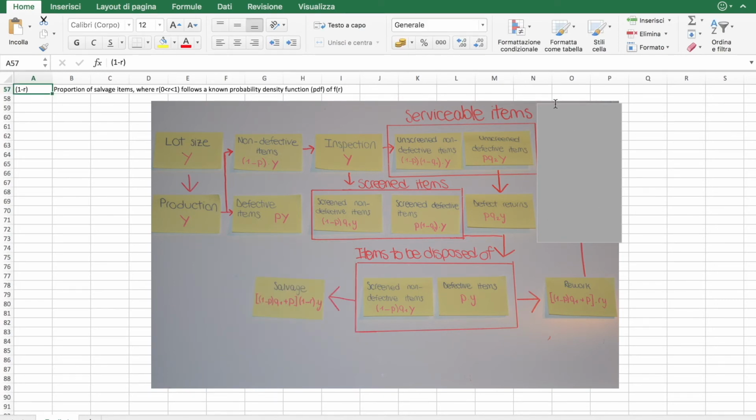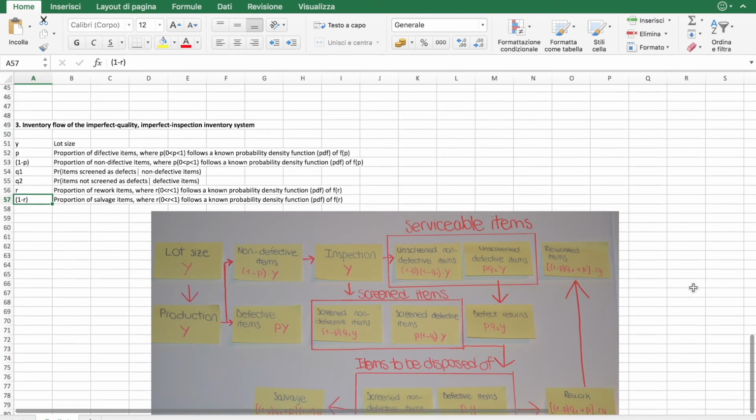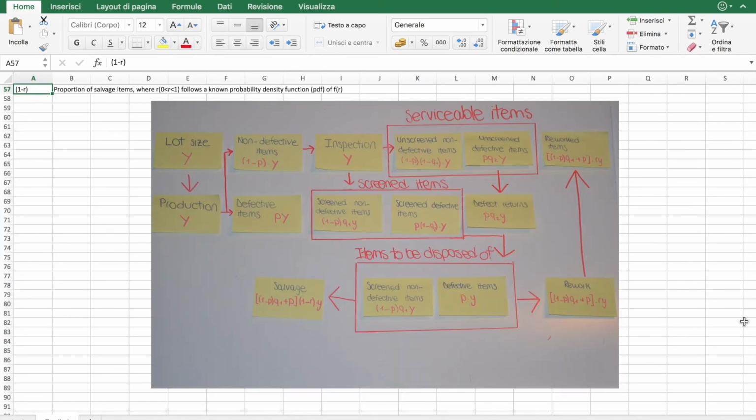The reworked items are used to satisfy demand like serviceable items, whereas the salvage items are assumed to be salvaged as a single batch at a discounted price at the end of each production and inspection cycle. To calculate the optimal production quantity Y with this new model, it is therefore necessary to add in the original formula the variables previously depicted. In the next part of the video, we will show you how to apply this formula to a practical example.